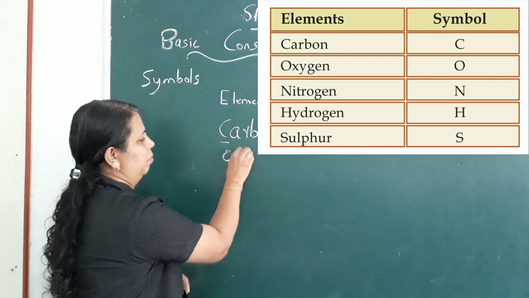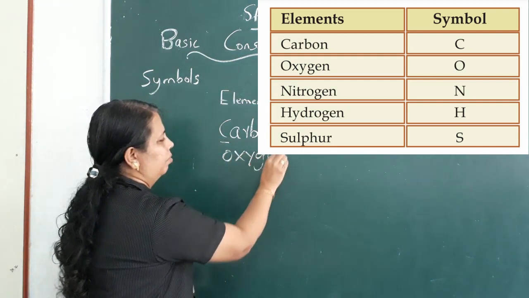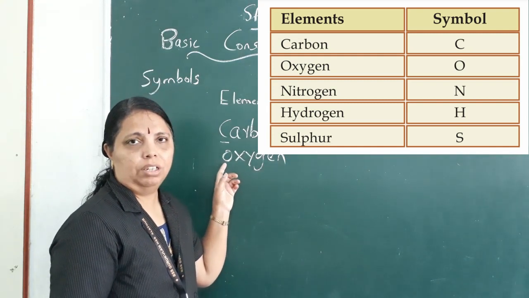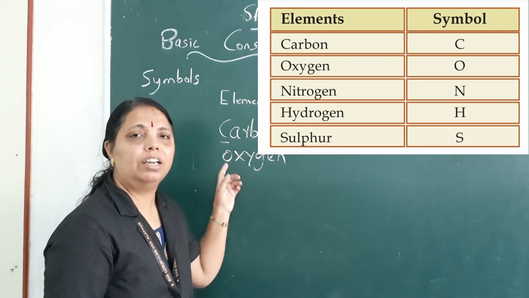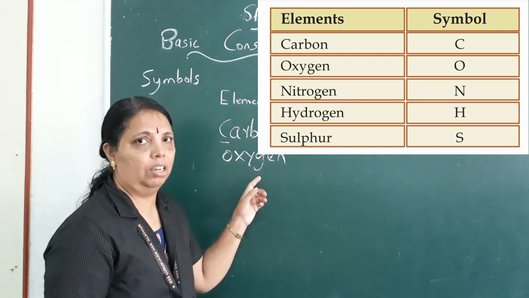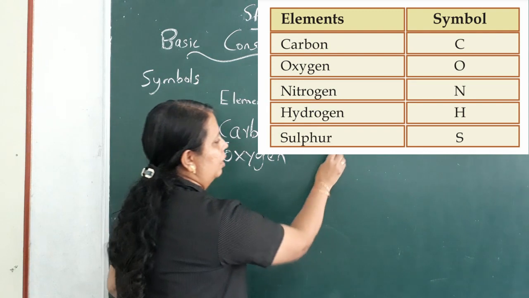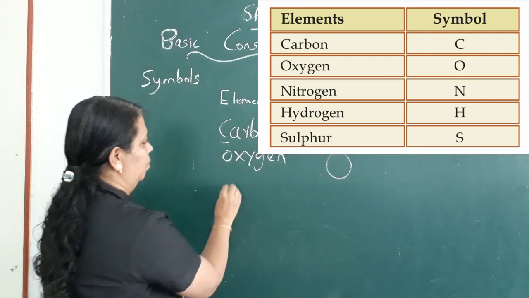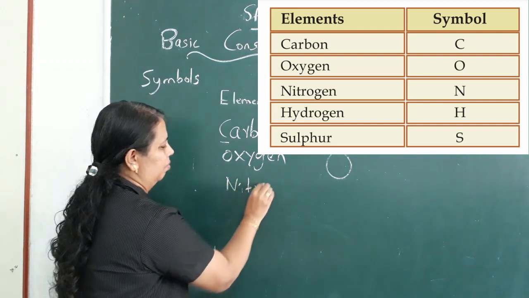Now the next one, oxygen. What is the first letter here? O. So the first letter is the symbol for oxygen, and we write it as capital O. Okay. Now nitrogen.